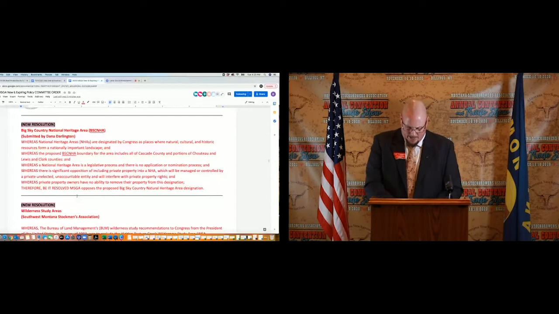And whereas a national heritage area is a legislative process and there is no application or nomination process, whereas there is significant opposition of including private property into an NHA, which will be managed or controlled by a private, unelected, unaccountable entity and will interfere with private property rights. And whereas private property owners have no ability to remove their property from this designation, therefore be it resolved, MSGA opposes the proposed Big Sky Country National Heritage Area designation.